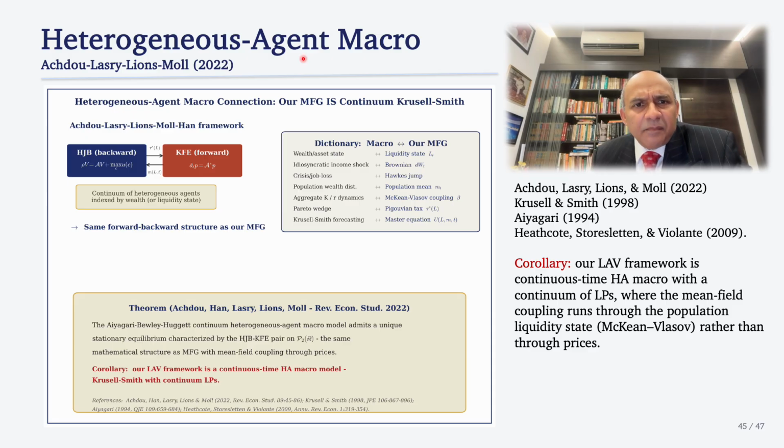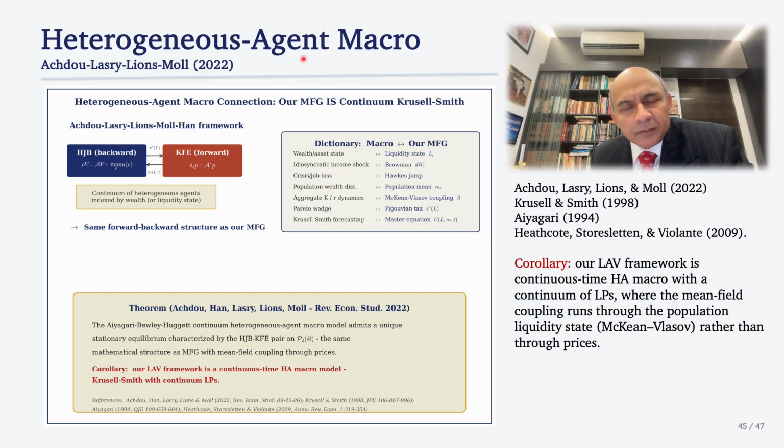Our mean field game is a continuous time heterogeneous-agent macro model in the tradition of the Aiyagari, Bewley, Huggett framework recast by Achdou, Han, Lasry, Lions, and Moll in 2022. The structure is identical: a backward HJB for each agent's policy, a forward Kolmogorov equation for the population.